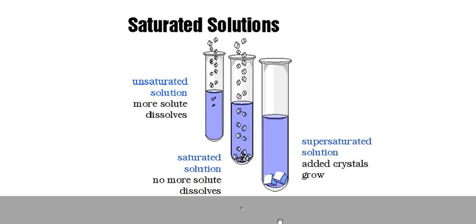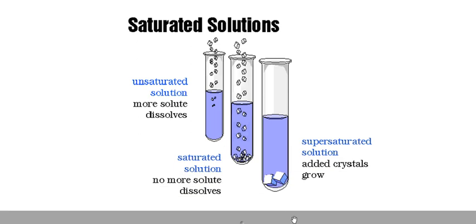If you're still a little bit unsure, maybe this diagram might help. I like this one. So you've got three test tubes with three different solutions in there. One's unsaturated, one's saturated, and one's supersaturated. So in the unsaturated solution, you add more of your solute and it dissolves.